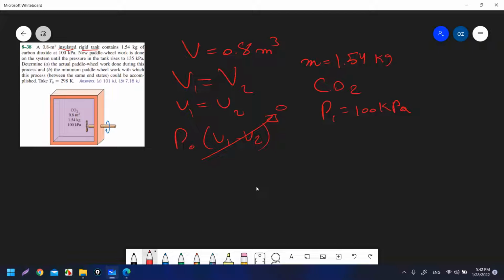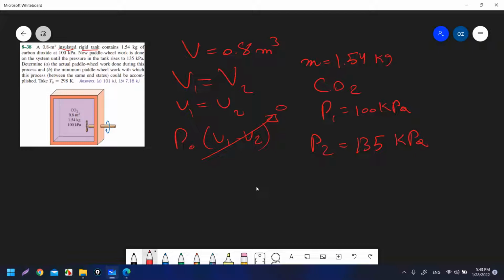So when we say it is in, we are predicting also that if we will use a work reversible, it will be work reversible in. Okay, is done on the system until the pressure in the tank rises to P2, 135 kilopascal. Determine the actual paddle wheel work done during this process.